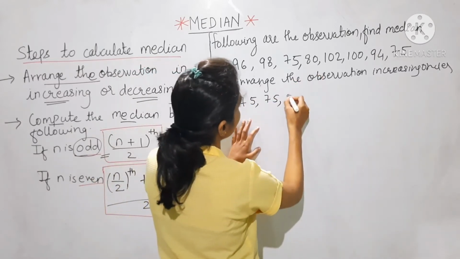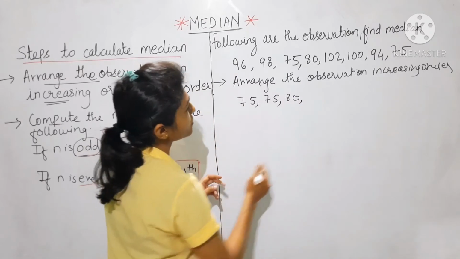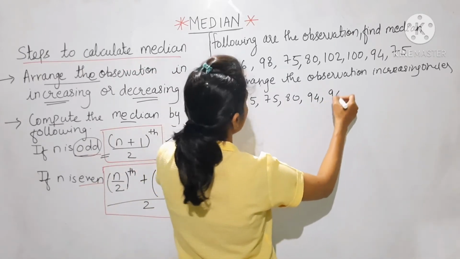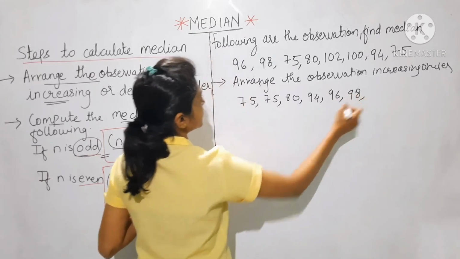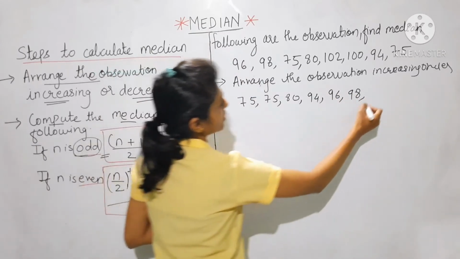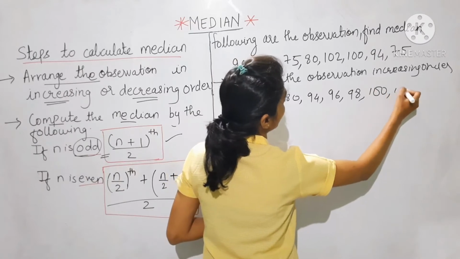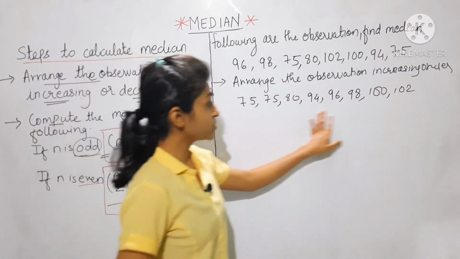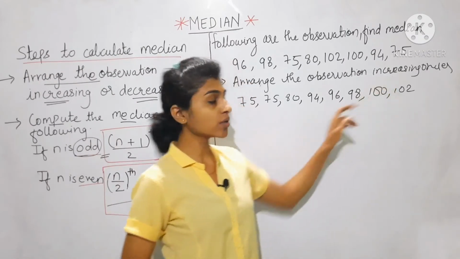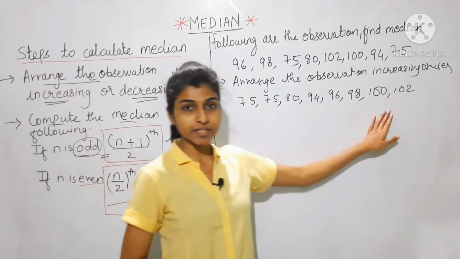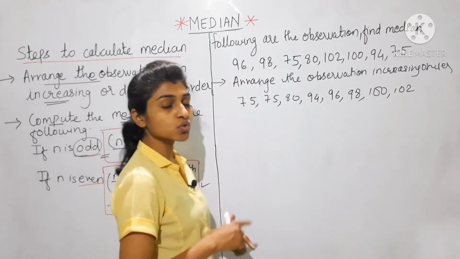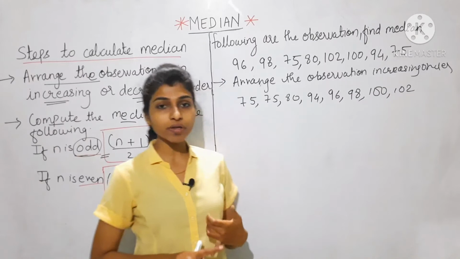Then next is 80. After 80, 94, 96, 98, 100 and 102. Okay, so I have arranged the observations in increasing order, from the smaller number to the greater number. Next I will count the observations to check whether the number is odd or even.